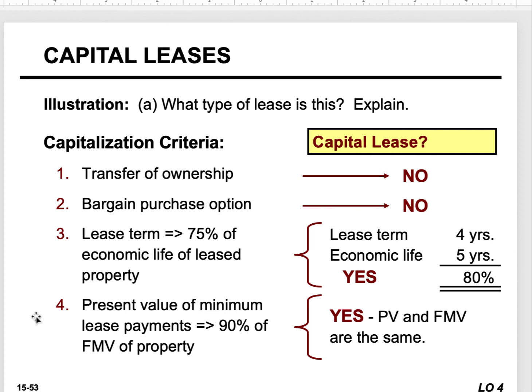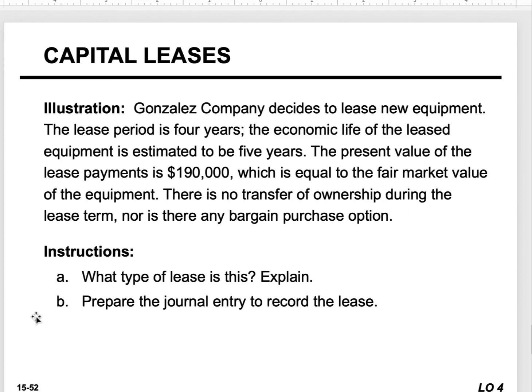The present value of the minimum lease payments is equal to or greater than 90% of the fair market value. Well, if we go back to the details that they give us, it says the present value of the lease payments is $190,000. Okay, cool.